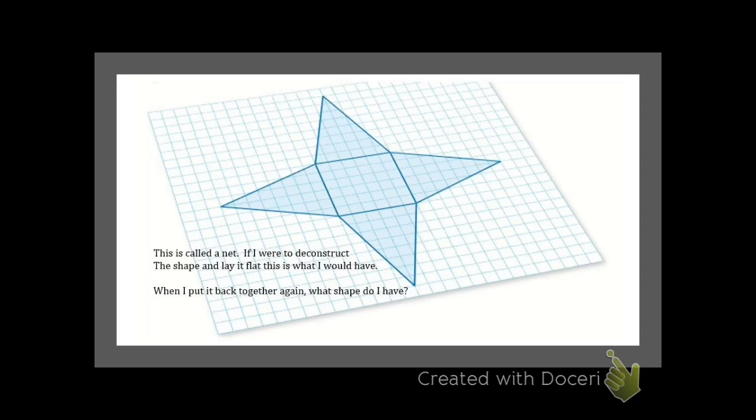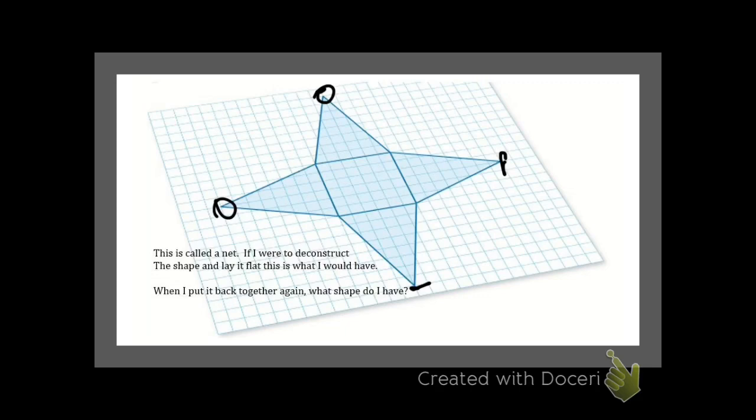And we have to add those up to find the surface area of this particular shape. Now, if I were to put this back together again, what shape would I have? I would have a pyramid, because all these points that we have right here, here, here, and here would all be brought up to one central point. But I need to call it more than just a pyramid.